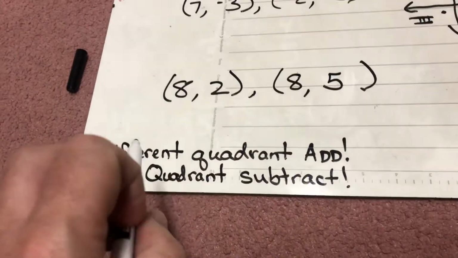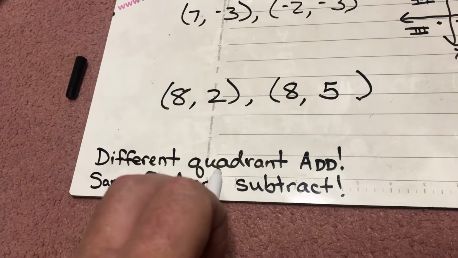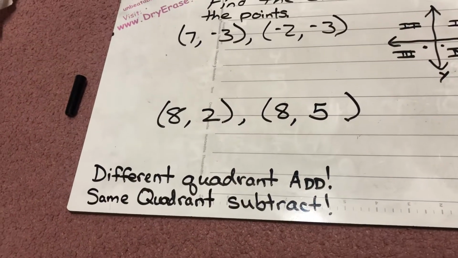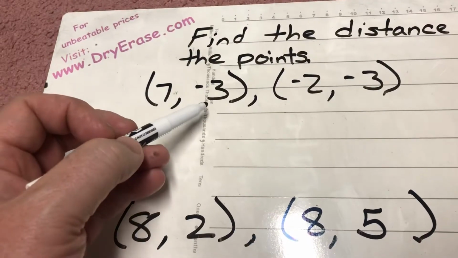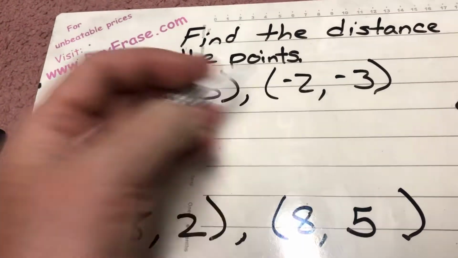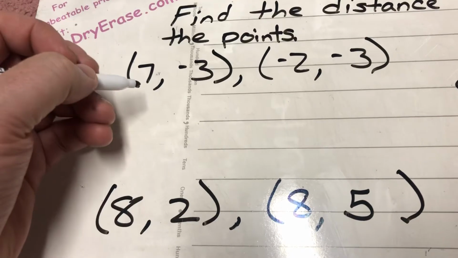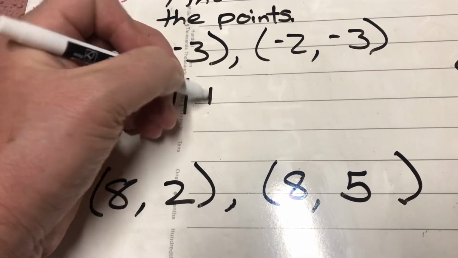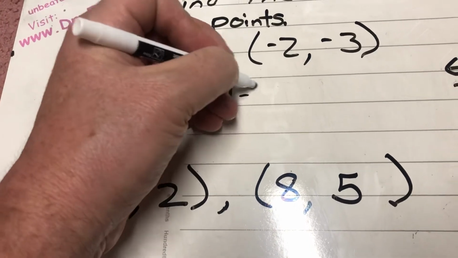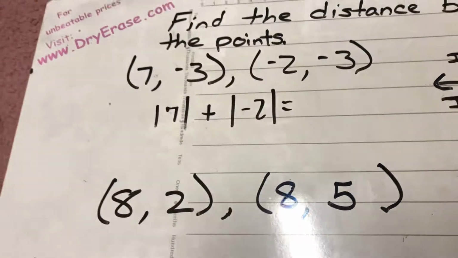Now, since they're in different quadrants, I'm going to add the absolute values of the different things. So basically, the y-axis, negative 3, is the same. So what I'm going to be doing is I'm going to be taking the absolute value of 7, and I'm going to be adding it to the absolute value of negative 2.